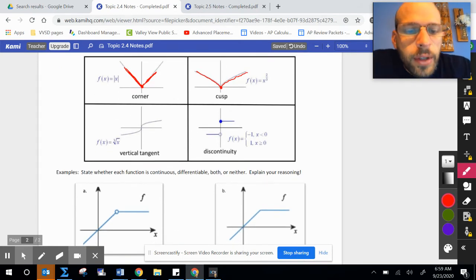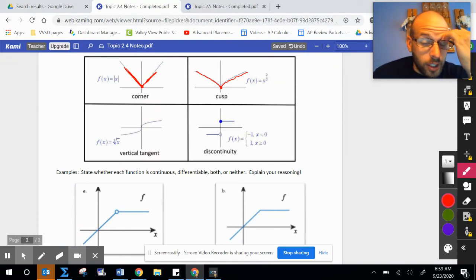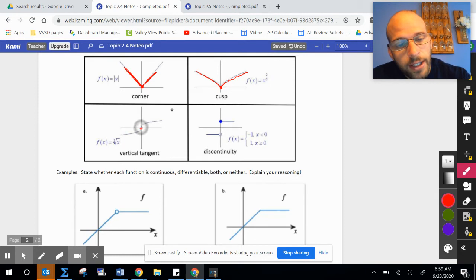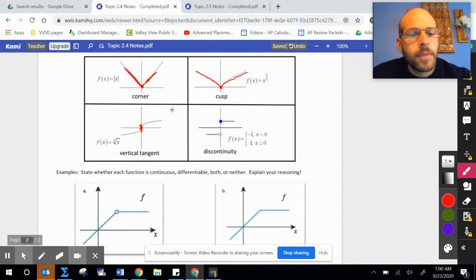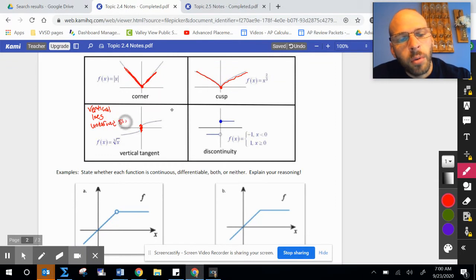All right. Now, vertical tangents are interesting because the slope from the left and right do approach the same value, and it is continuous. However, at this point, we are going to have a tangent that's vertical. And all vertical lines have an undefined slope.